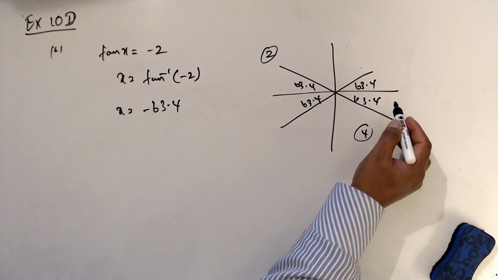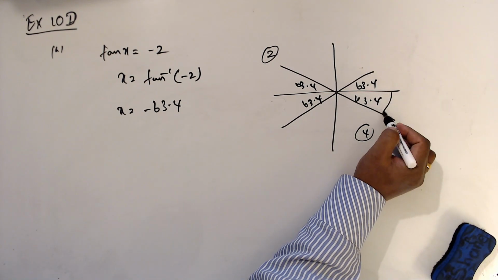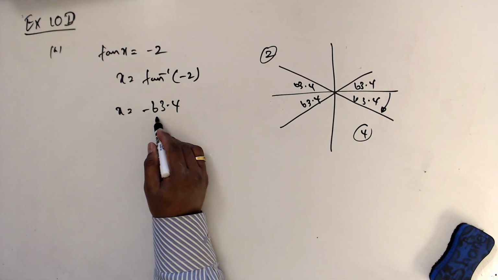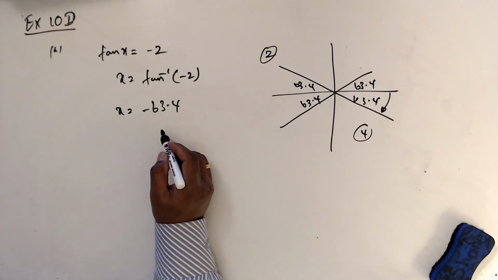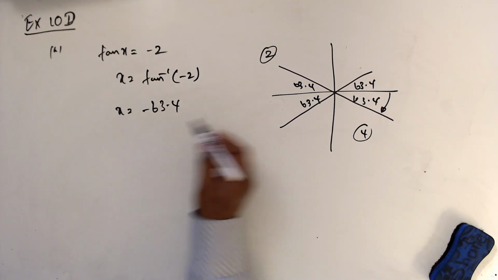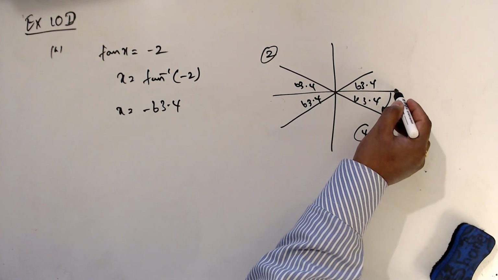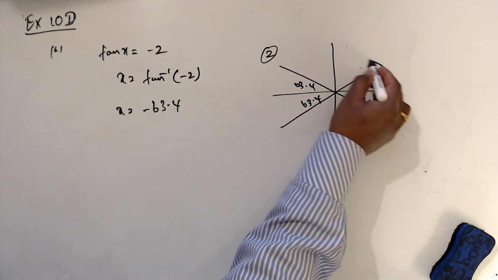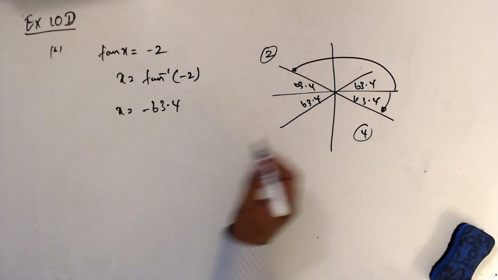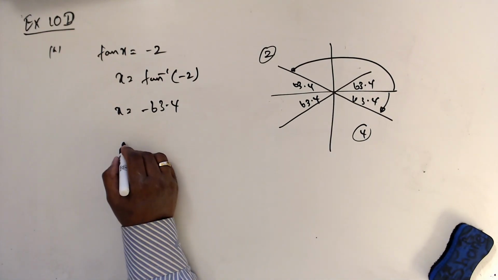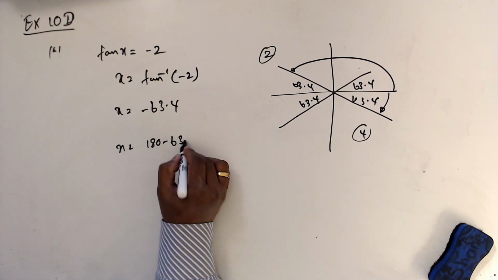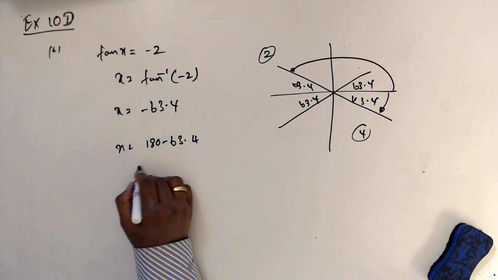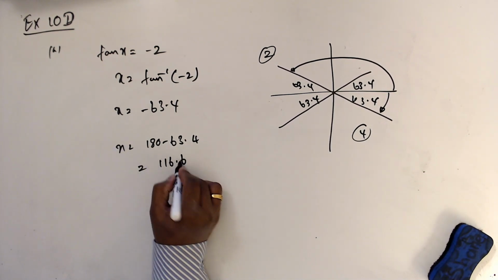So this is the first one. You can see if you measure this sign, minus 63.4, and if you measure positively, so this is the other one, x equal 180 minus 63.4, which is 116.6.